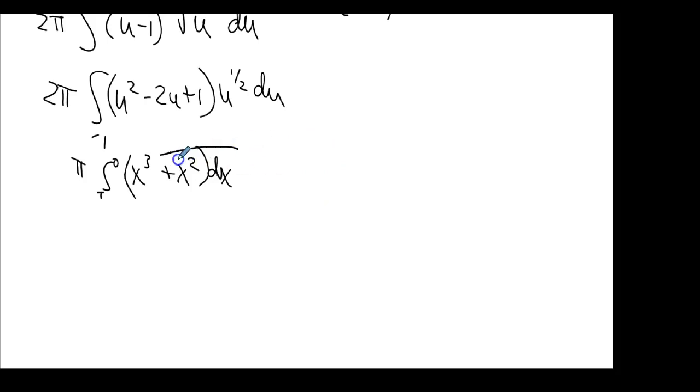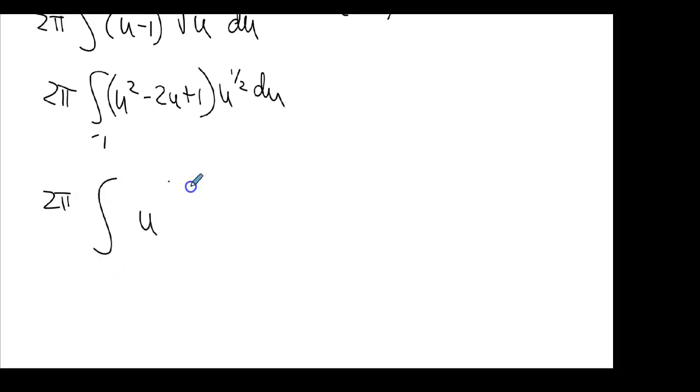So u to the 5 halves minus 2u to the 3 halves plus u to the 1 half.